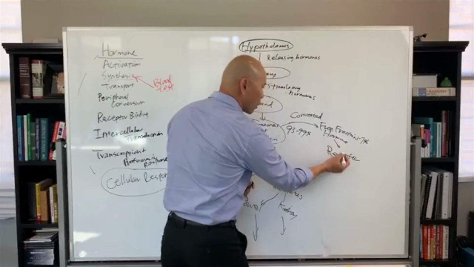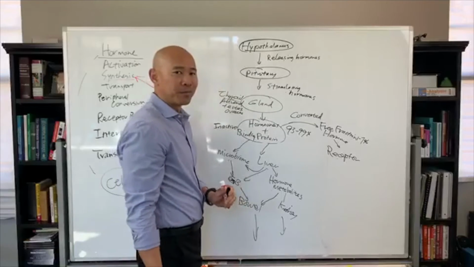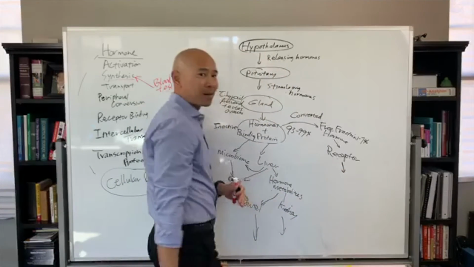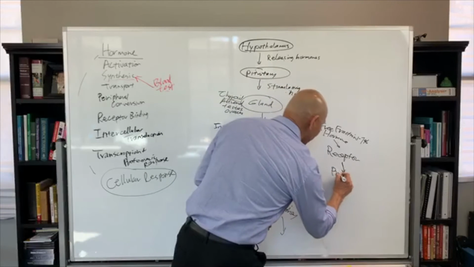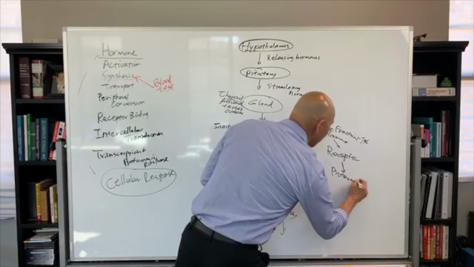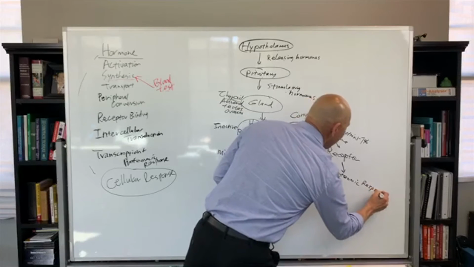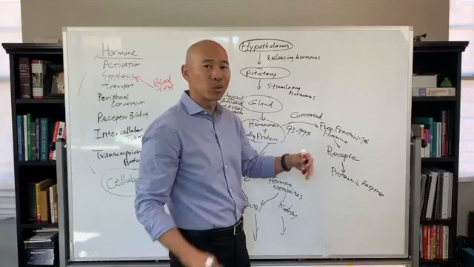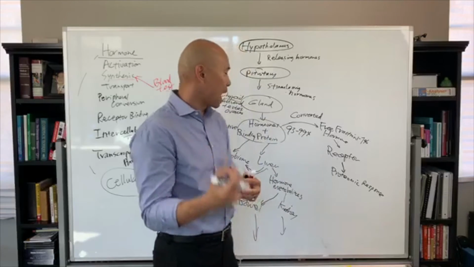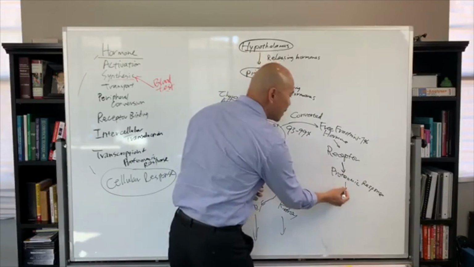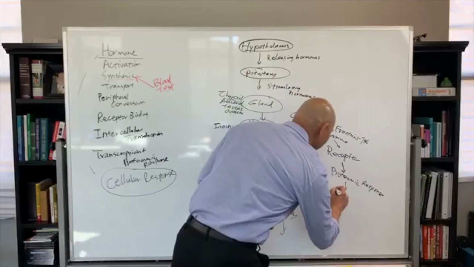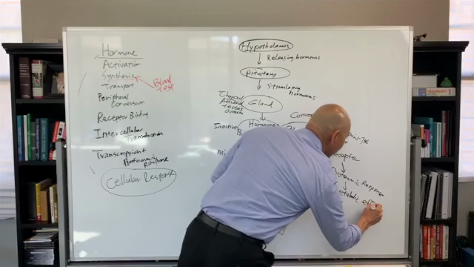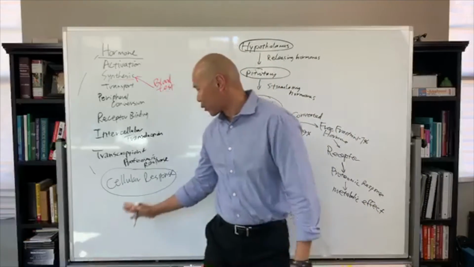So this free hormone has to get on the receptor to be able to enter into the cell. Once it enters into the cell, then we can have a proteomic response, which means the DNA of the cell, when stimulated by this hormone, will start to make proteins, metabolize, do different things, and then we have that response that we want, the metabolic effect, which is that cellular response, right?